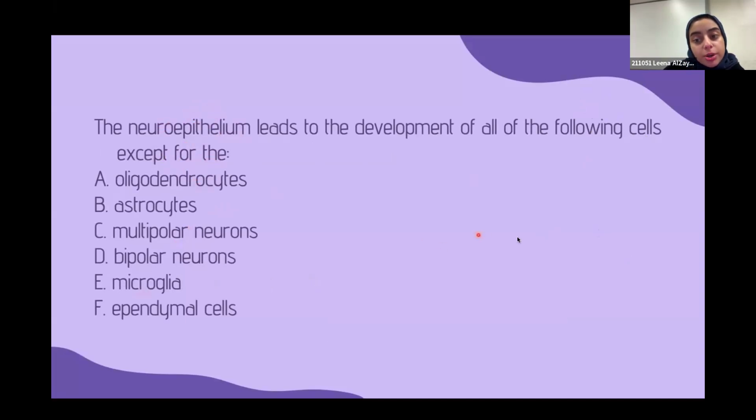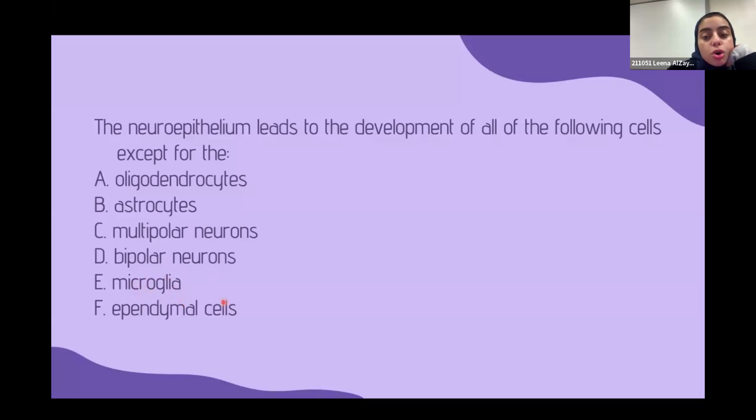Anyone know this answer? Okay, so for this question, the neuroepithelial cells lead to the development of the following cells, except it does not turn into microglia.